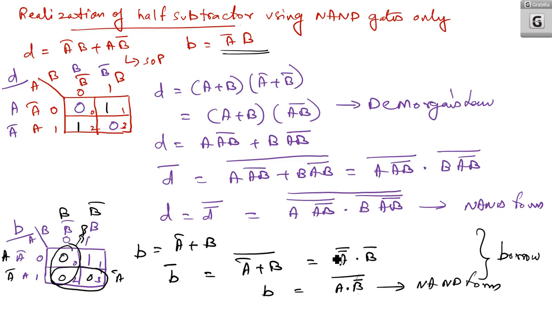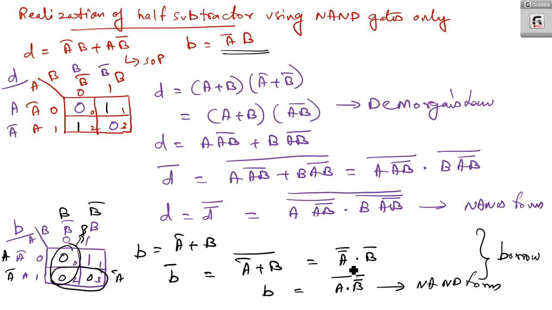Here I am not going for this logic, because if I am going for this logic, what happens? B is equal to A bar or B. If you are going to realize that, B is equal to A bar or B the whole bar, because I need to realize it using NAND gates. B bar or B the whole bar becomes A bar dot B bar.